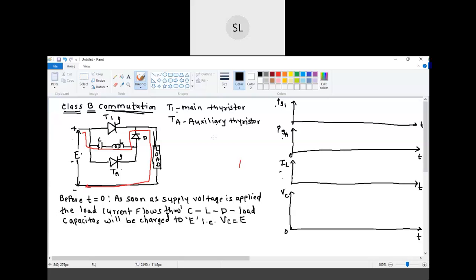So before turning on any one of these thyristors, the capacitor will be charged with a given polarity, that is with left plate positive and right plate negative.